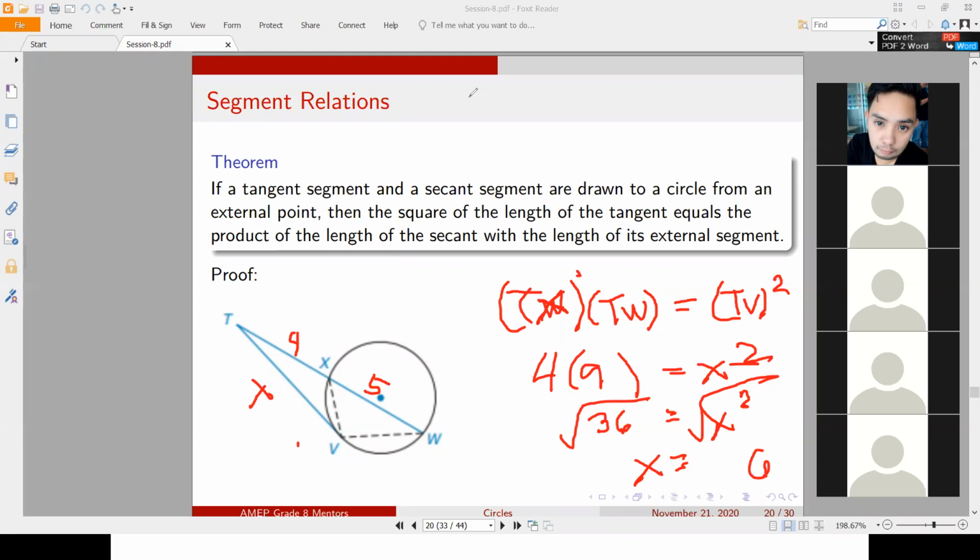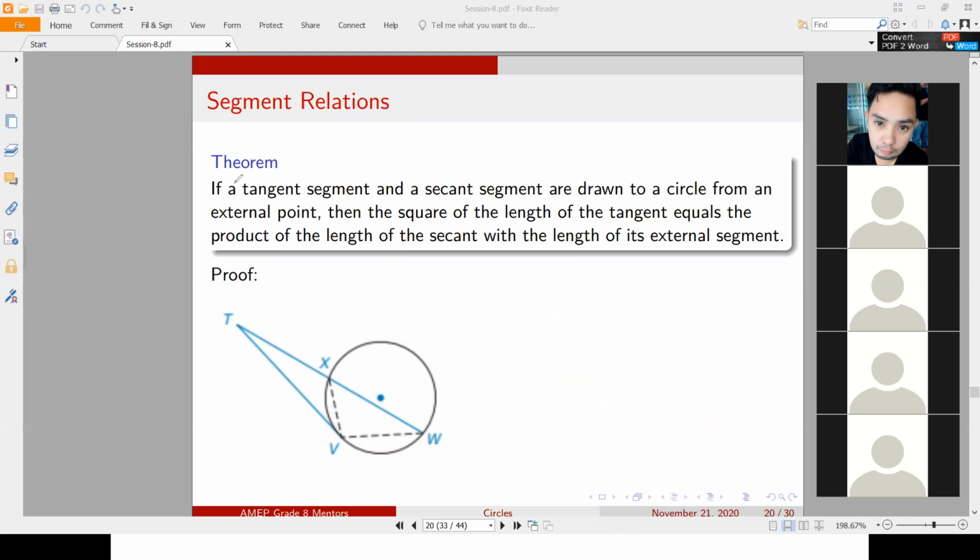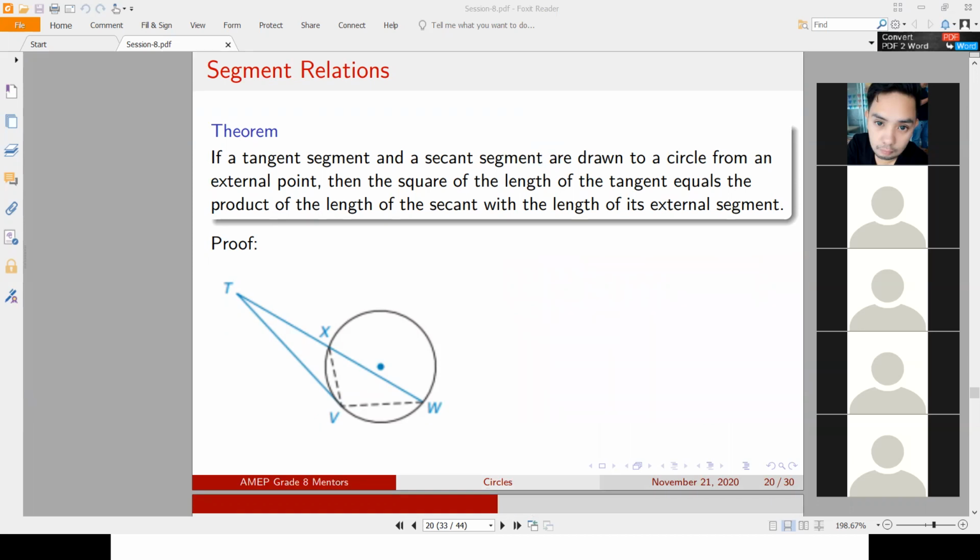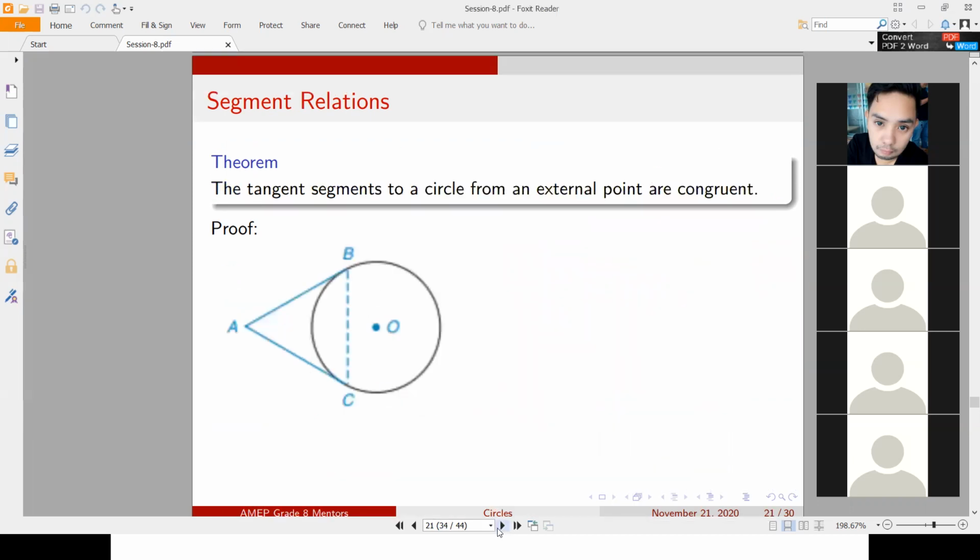The last one is the most difficult one. Yes. Ano yung last one natin? Yan. We have the two tangent. Paano po ang two tangent? The tangent segments of a circle from external points are always congruent.